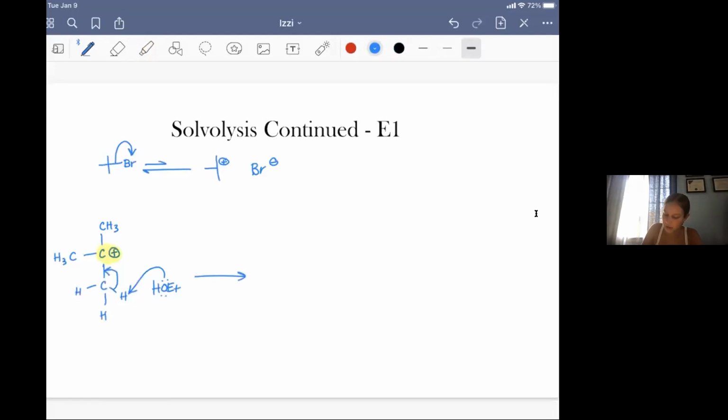And what we end up with is this. And in case anyone is having trouble seeing where everything basically came into play from the reactant to the product, you can think of this methyl group as being here.